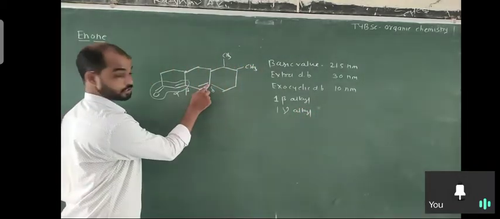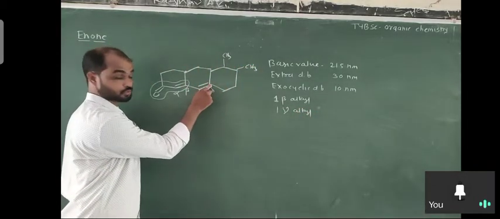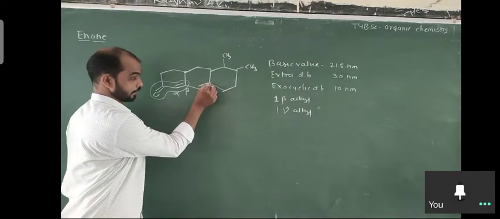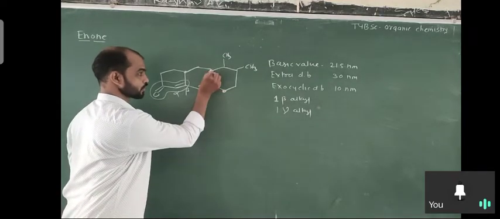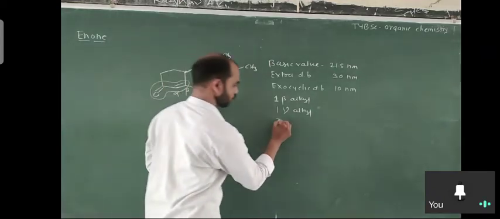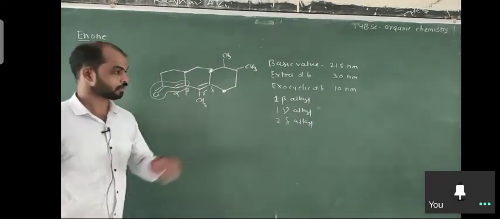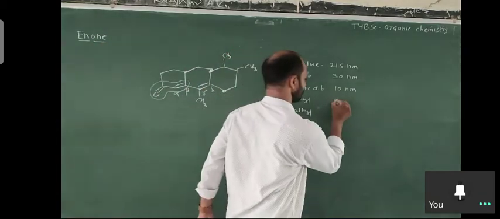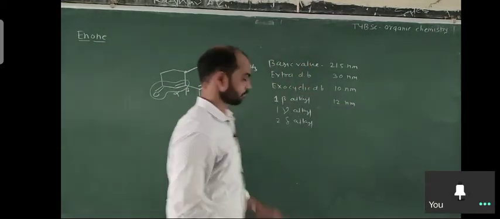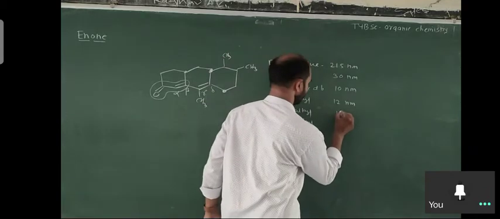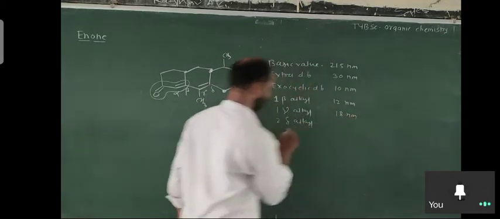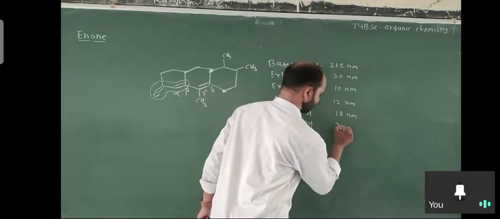Okay. On delta position, see here. Some students make a mistake here. This delta position has two substituents. So 2 delta alkyl. So for 1 beta, there is 12 nanometer. For 1 gamma, 18 nanometer. For 2 delta, 18 plus 18, 36 nanometer.